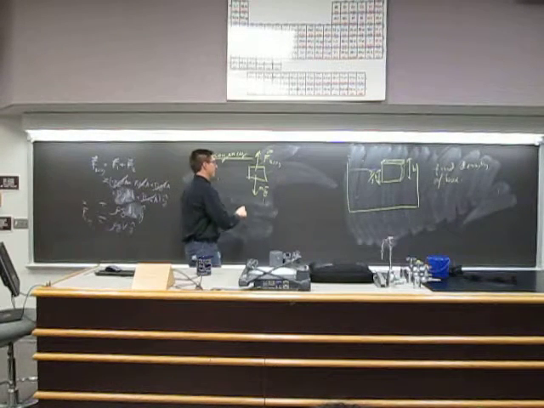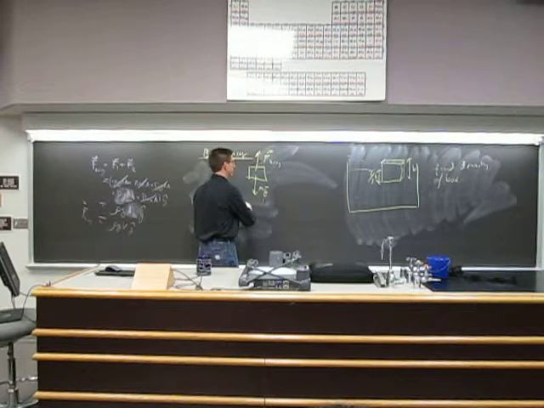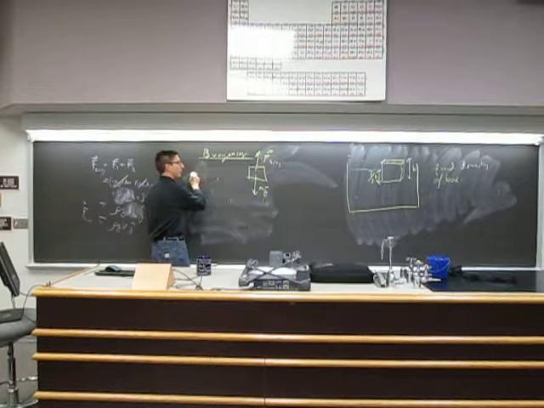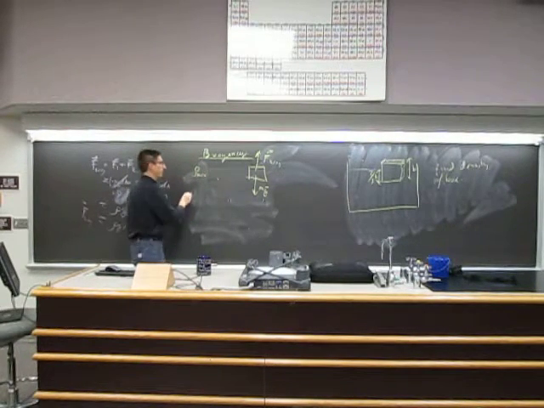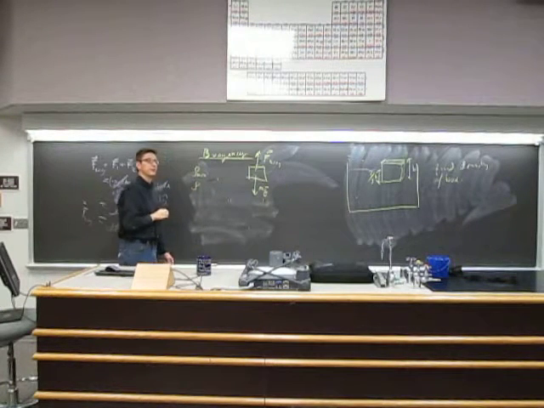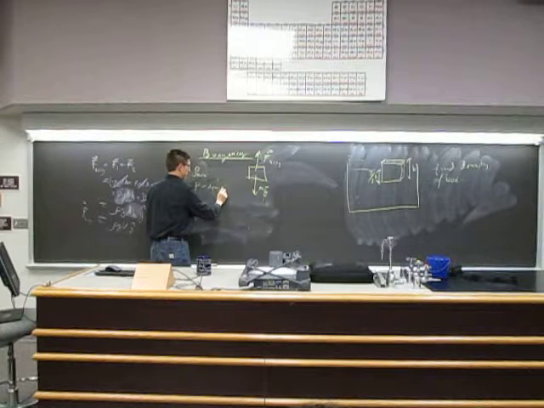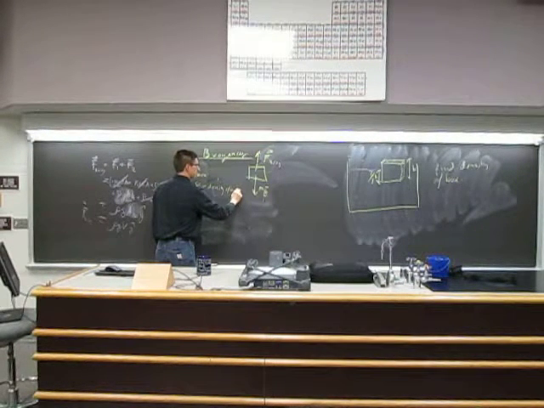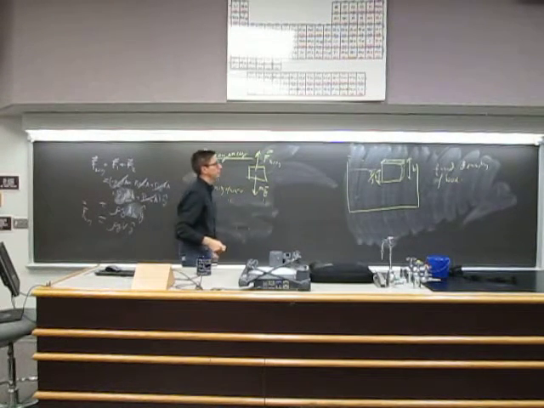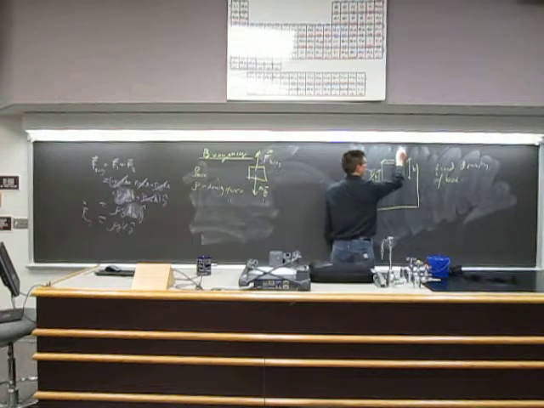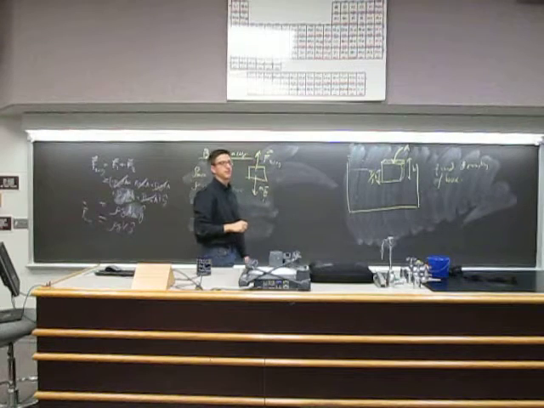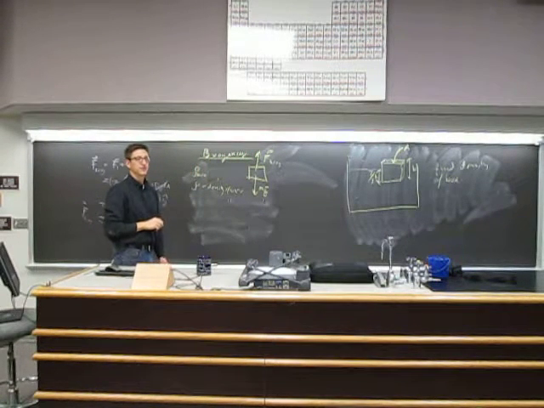So the mass of the object, let's call the density of the box rho box, and the density of water we'll just call rho. Let's introduce the top as having a cross section A. Okay?